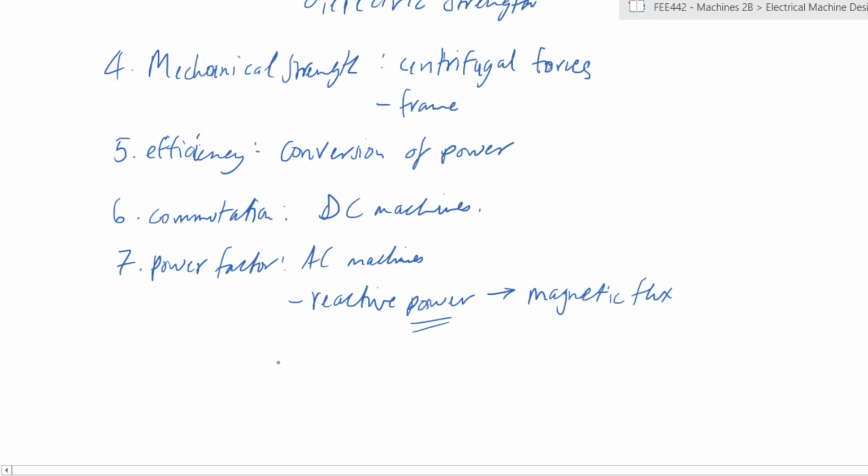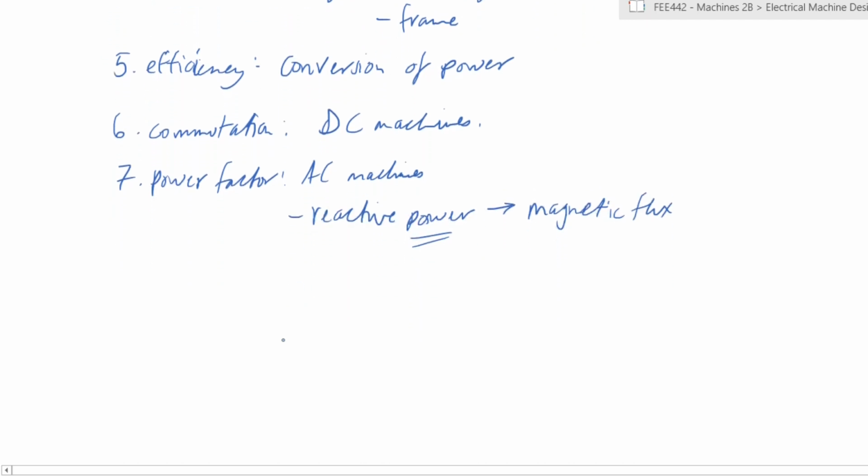However, if your machine is required to have a high power factor closer to unity, such as induction machines, you would need to take that into consideration and possibly design such that you have lower flux densities than what is possibly being achieved by a machine.